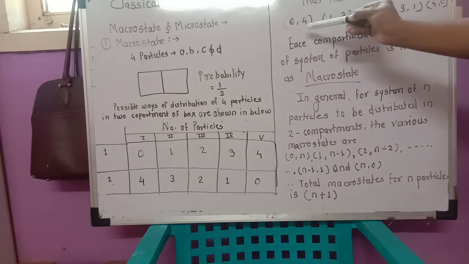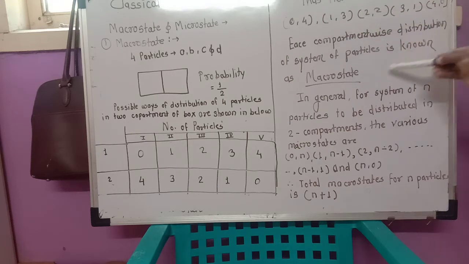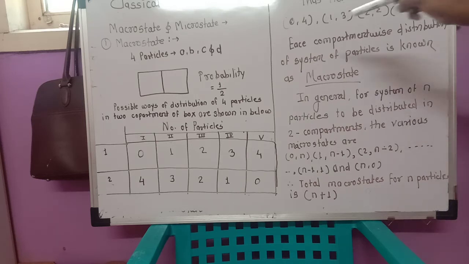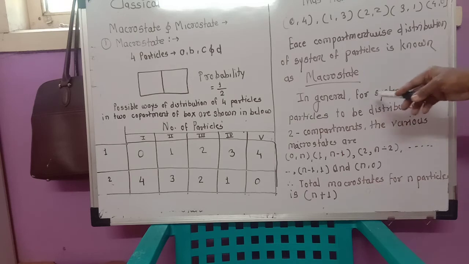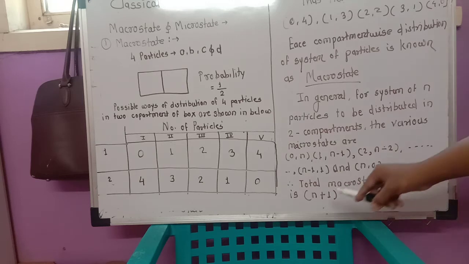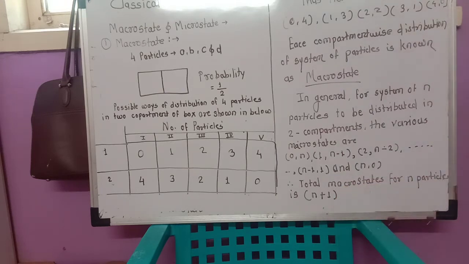These 5 distributions are nothing but the macrostates of the system of particles. The system of 4 particles has 5 macrostates. In general, if the system has n particles, then the system has n plus 1 macrostates.